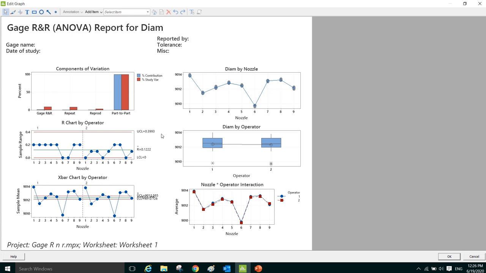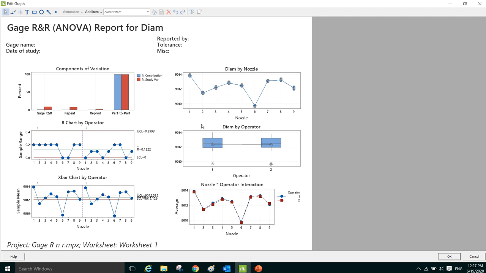Okay, the next graph, the fourth graph here, basically visualizes the result of every nozzle average by these two operators. We can only see one line, but in actual fact there are two lines. Since we have very good reproducibility, we can't see the two lines because they overlap each other.